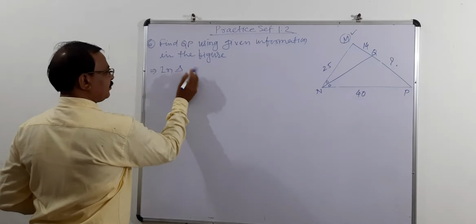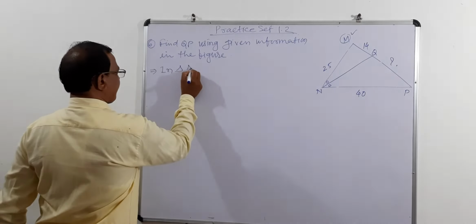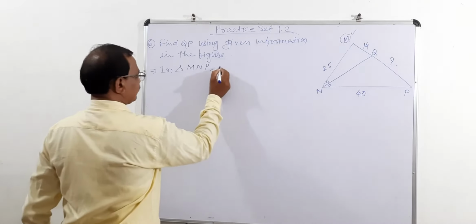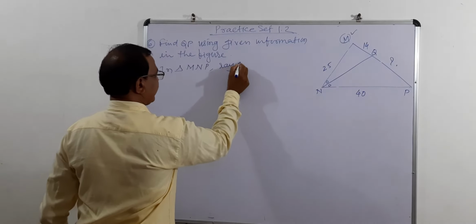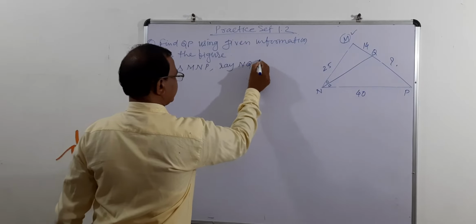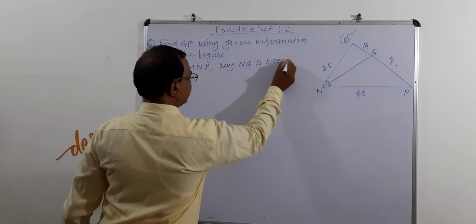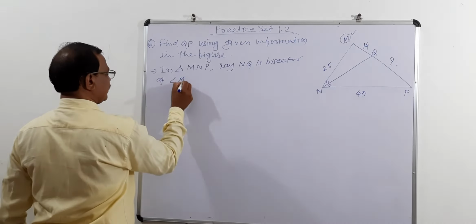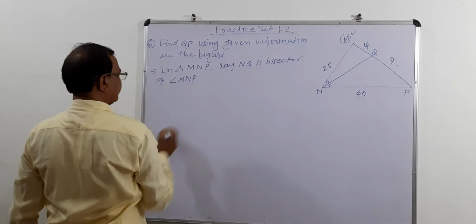Now we start from this. In triangle MNP, ray NQ is the bisector of angle MNP.